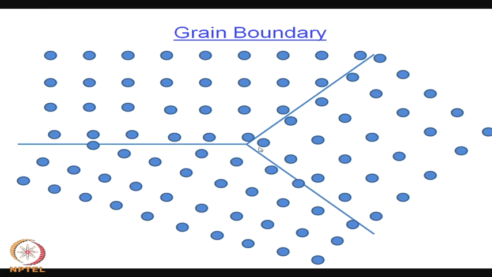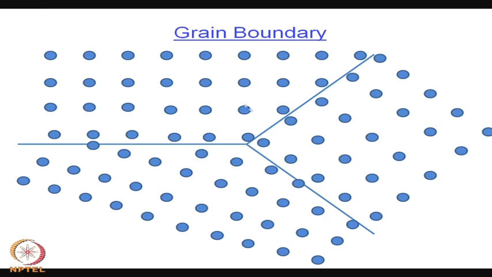One has to remember, unlike twin boundaries, which are plane surfaces, grain boundaries are very irregularly shaped surfaces, depending on how the crystals have grown by a nucleation and growth process and finally collided with each other, forming a very irregular surface. So, these boundaries are called grain boundaries.